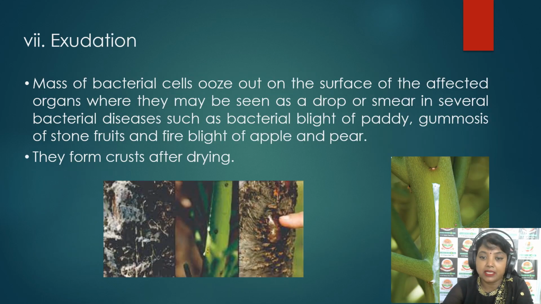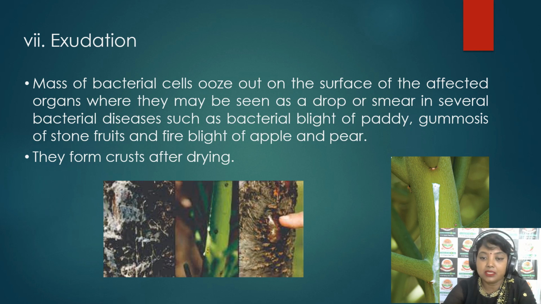So what is exudation? Exudation is a mass of bacterial cells which oozes out on the surface of the affected organs, where it is seen as a drop or smear in several bacterial diseases such as bacterial blight of paddy, gummosis of stone fruits, and fire blight of apple and pear. They form crusts after drying.